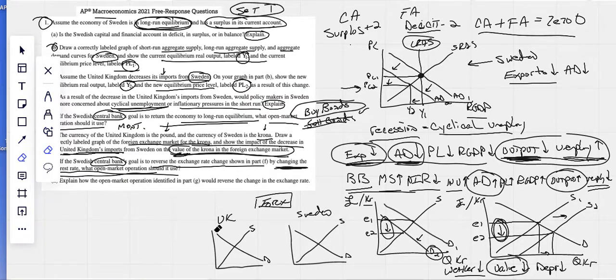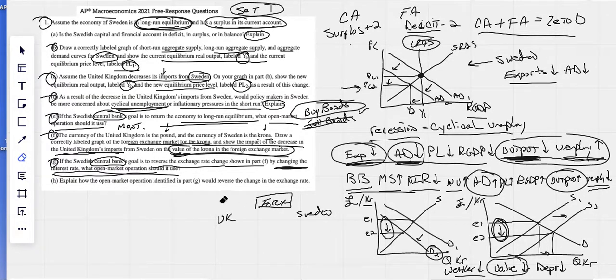Let's back up here a second. Let's understand what's happening before we do that. The understanding here should be that the central bank wants to change the interest rate to affect open market operations.